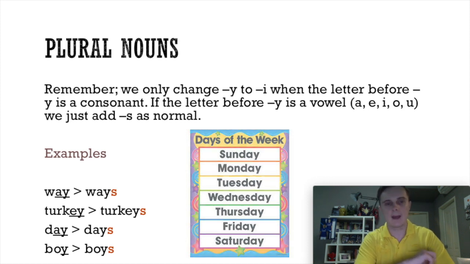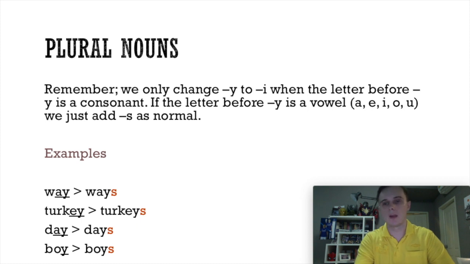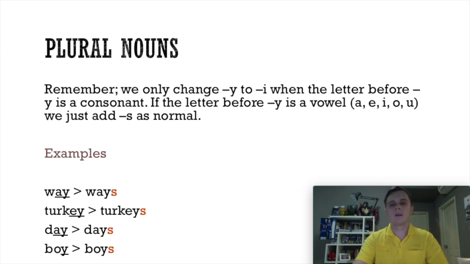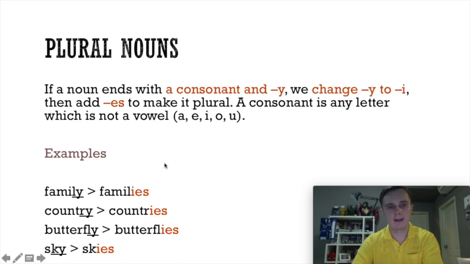You just add S. And last one, boy. Like there are boys in the classroom. Again, we don't change Y to I and add ES. You just add S. So remember, when you see the letter Y at the end of a noun, you need to look carefully if we're making it plural.